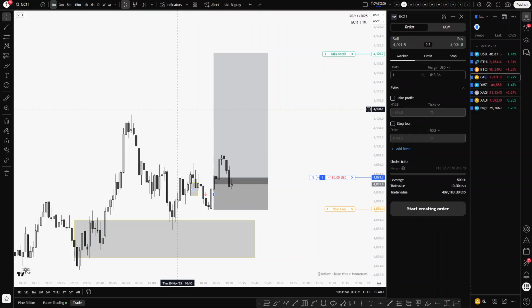Need that M1 to break up here. If it doesn't take, it doesn't take. On to the next.